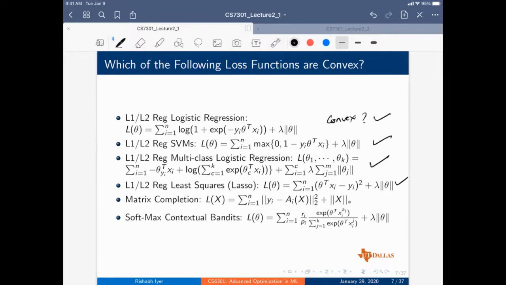Another example of a non-convex function is softmax contextual bandits. This function turns out to be non-convex, and this still works out in practice.